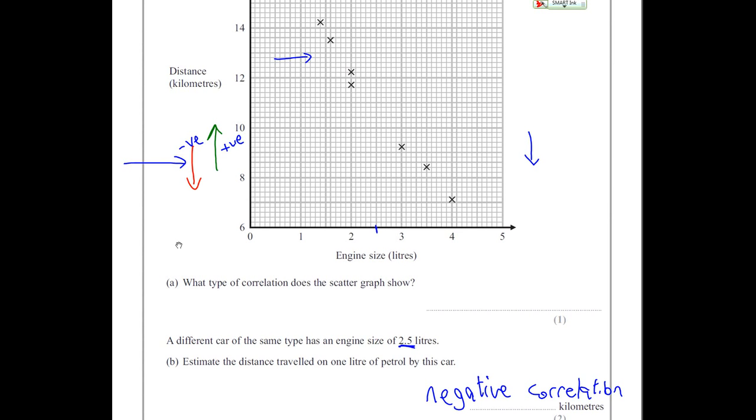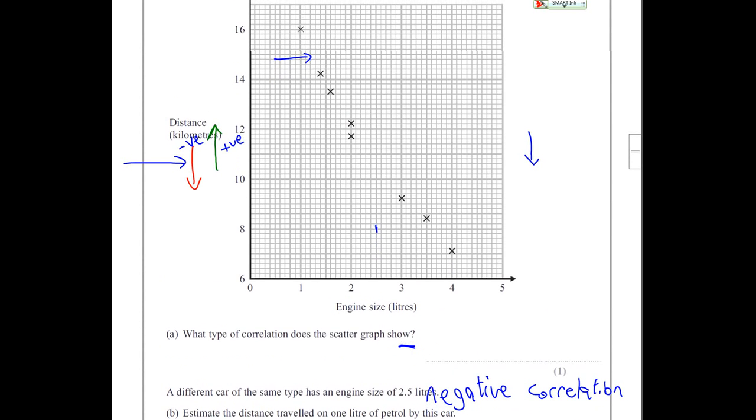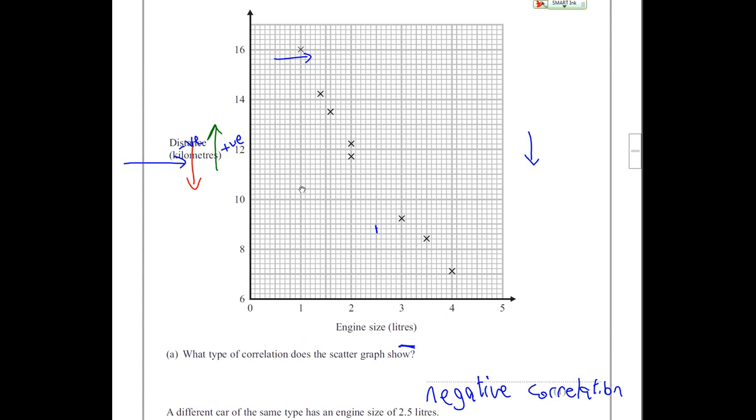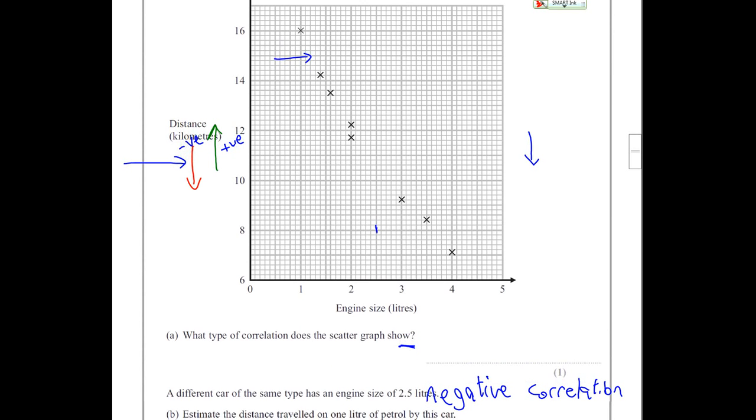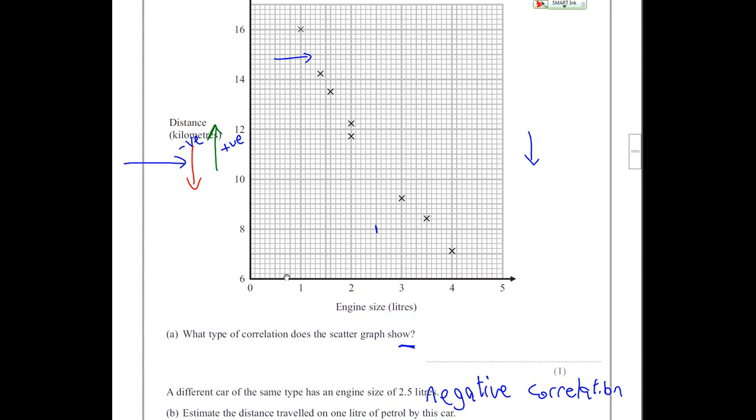Now, before you can do any estimating, you need to use your points and do a line of best fit. So, let's scroll that back down. There are all our points. A line of best fit has to go through the middle of all the points. Have about the same number on the top as on the bottom. Okay, so there's an example of a line of best fit.